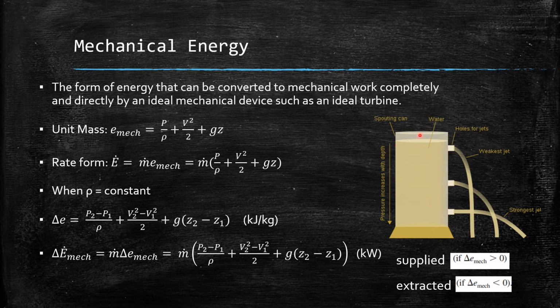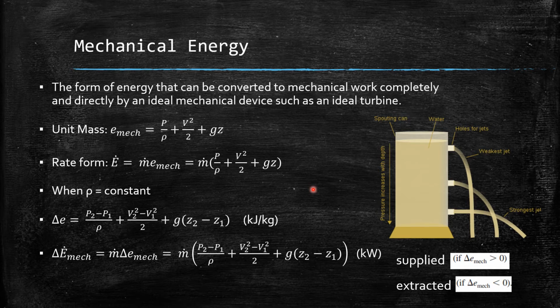When a pump transfers mechanical energy to a fluid by raising its pressure, and remember from what we have learned from fluids, the pressure increases with depth. Okay, so this is the stronger pressure and this is the weakest pressure. And a turbine extracts mechanical energy from a fluid by dropping its pressure. Therefore, the pressure of a flowing fluid is also associated with its mechanical energy.